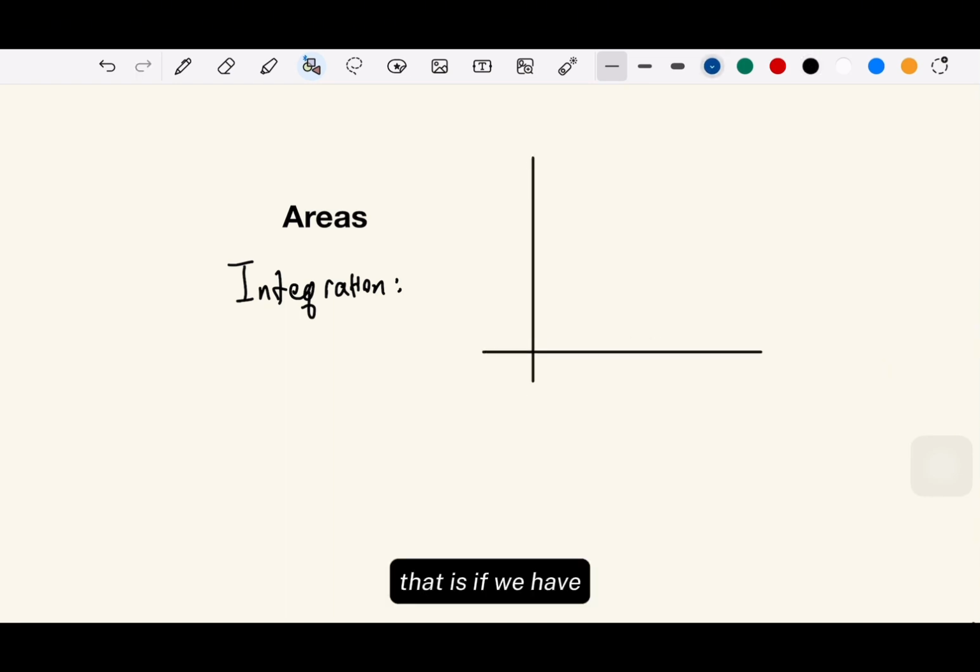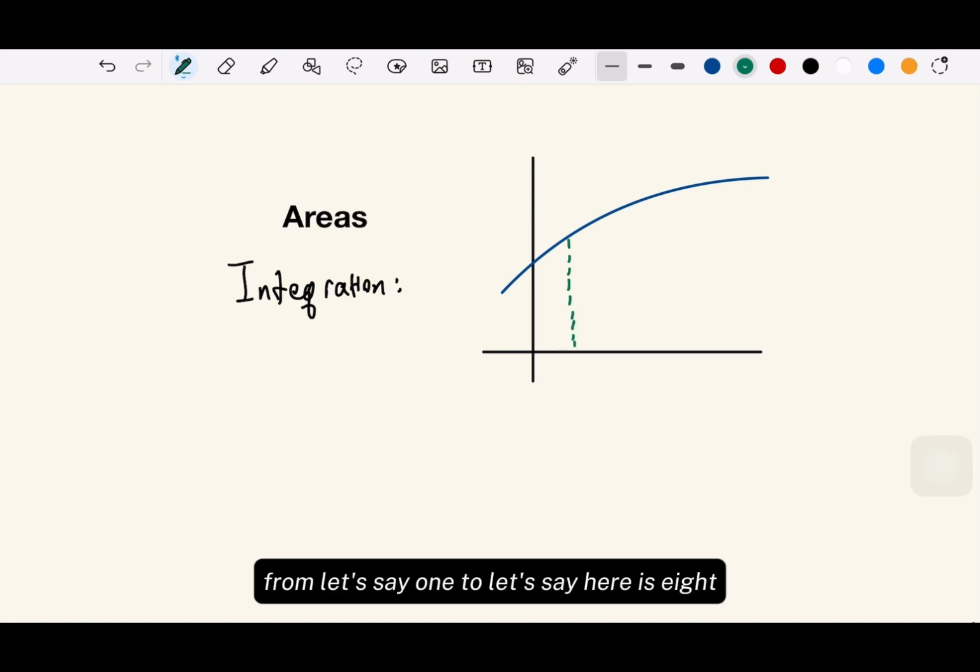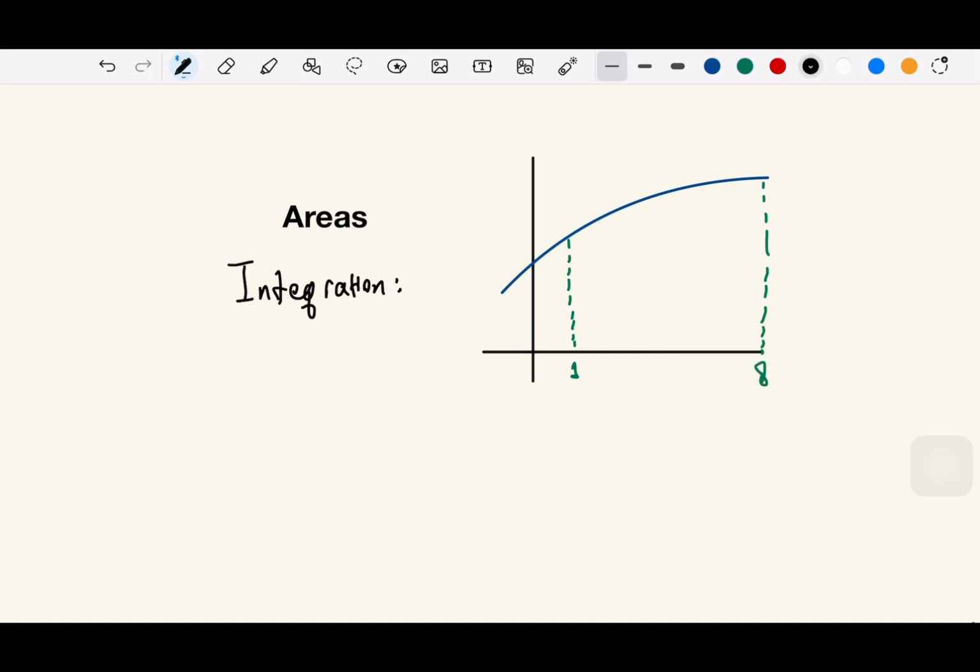That is, if we have a random curve like that, and we are going to evaluate from, let's say, 1 to 8. This is y equals f of x.